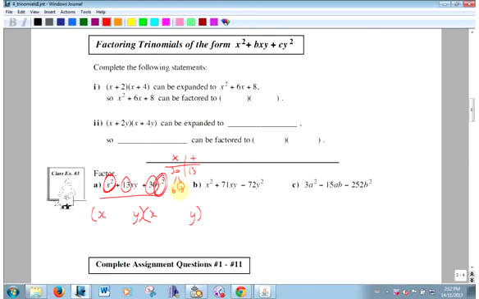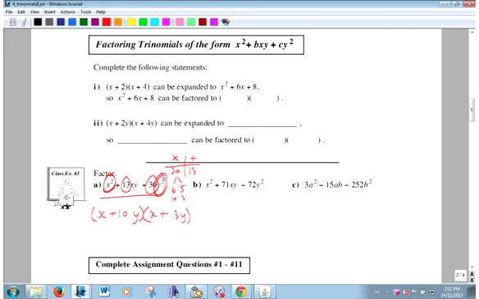Is it 6 times 5? Everybody wants to do that because that's what you memorized in grade 3. There's more options. Yeah, 10 and 3 also multiply to 30 and add to 13. So the 10 is with the y. The 3 is with the y. Let's just make it a little nicer.